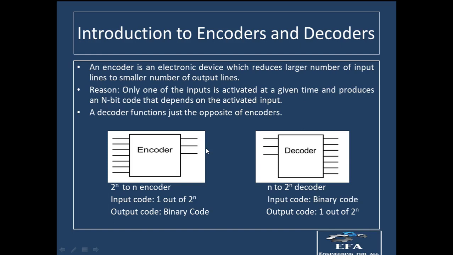That is the main point. There is a relationship between the number of input lines and the number of output lines. Suppose we have 2 raised to power n input lines. Whatever is there in the power will be the number of output lines.